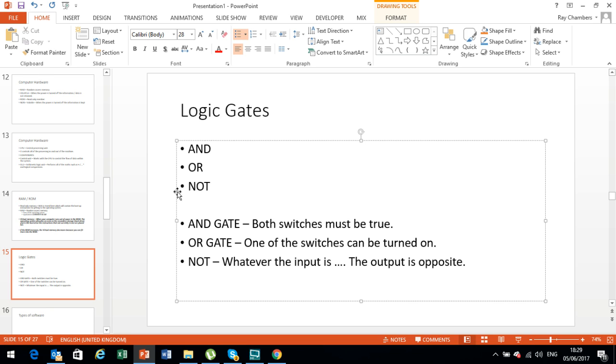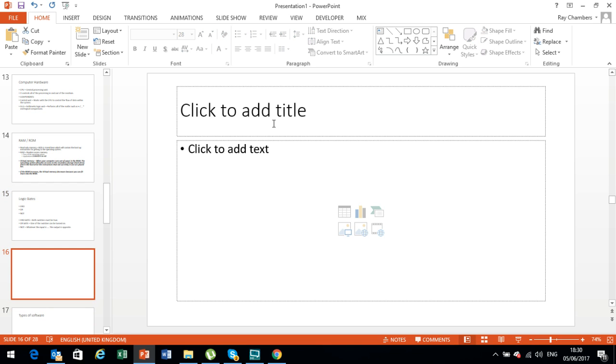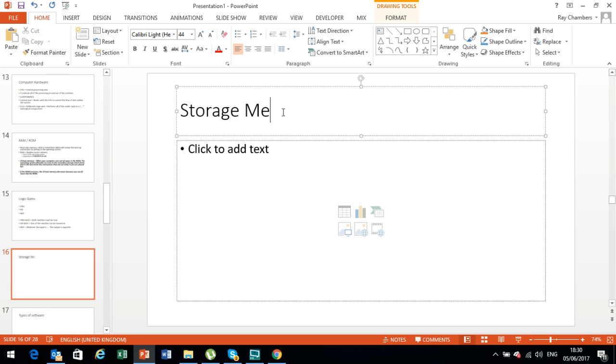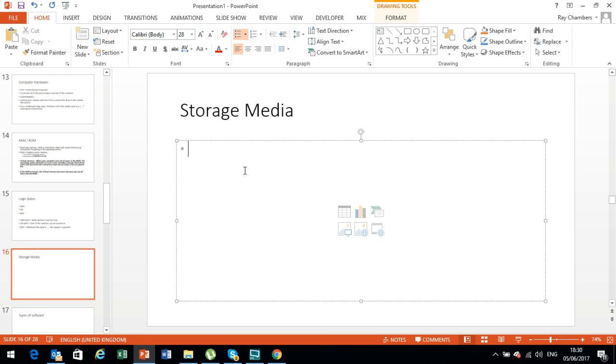Okay. We also have different storage media. I've got a lot to get through. Some of this I'm going to go over in tomorrow's lesson as well. But you have magnetic hard drives. Problem with these is they have moving parts.